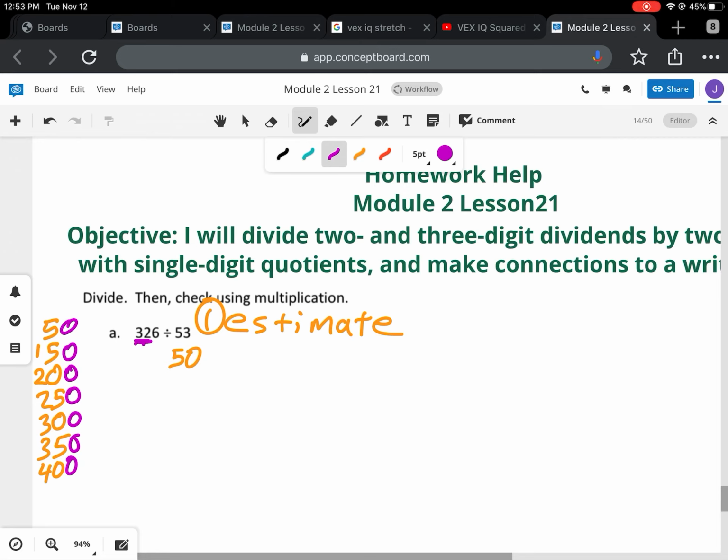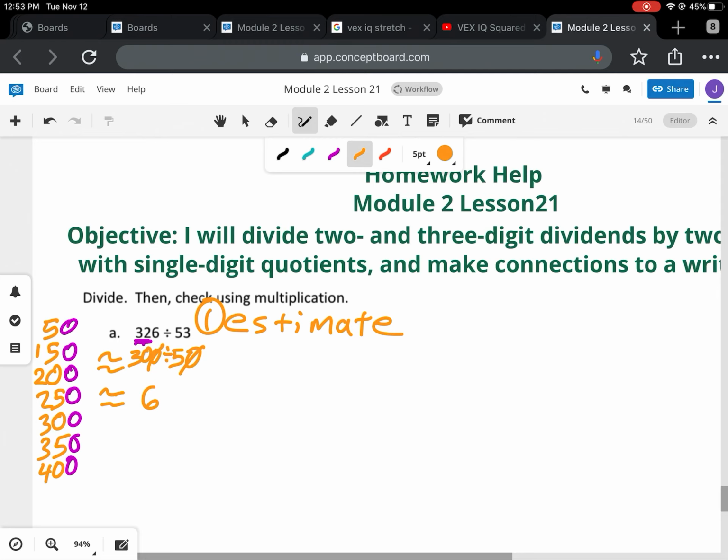It doesn't really matter. I normally like to go a little bit lower. 326 is closer to 350, but only by a little. So I'm going to go a little lower, and my estimation is going to be a 6. 6 times 5 is 30, or 50 times 6 is 300.